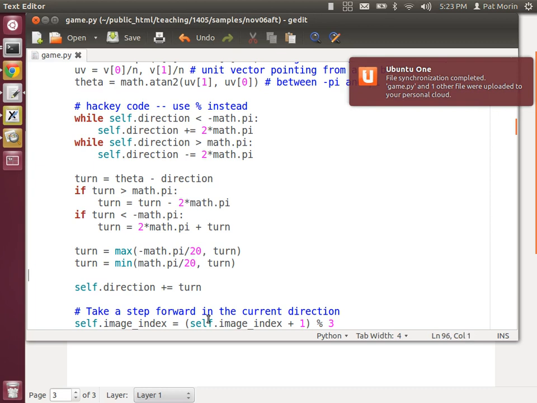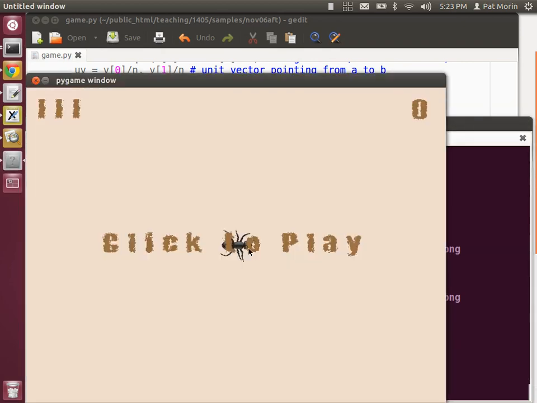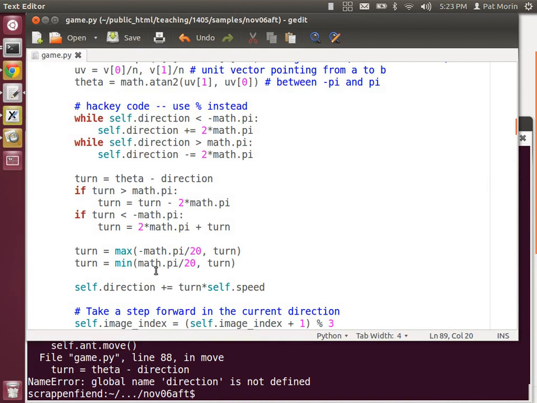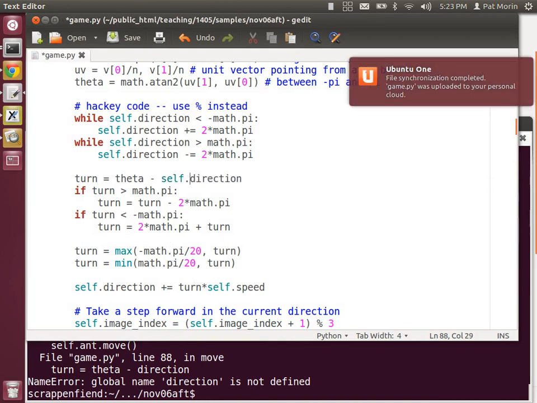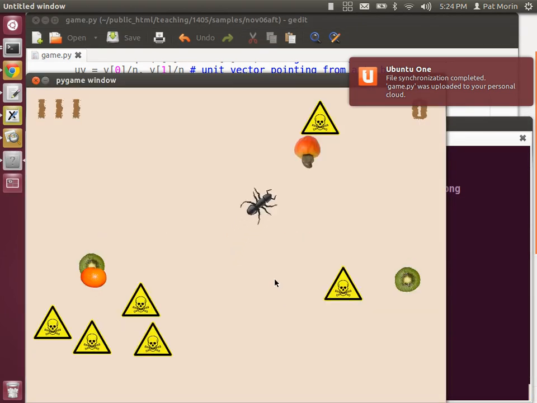And now we turn. Okay. So we figured out the way we would take the turn if we did it in one big step would be to do this whole turn, but I won't allow you to turn more than this amount or this amount. So I won't allow you to turn more than minus math.pi over 20 or math.pi over 20, and we better tie that to the speed. And we'll see if that works.